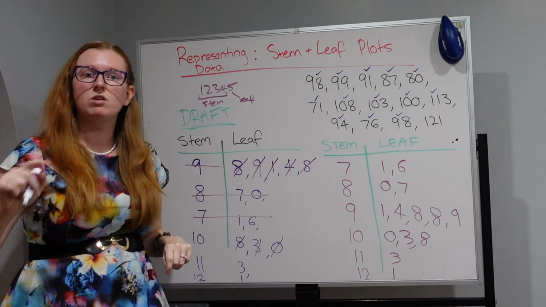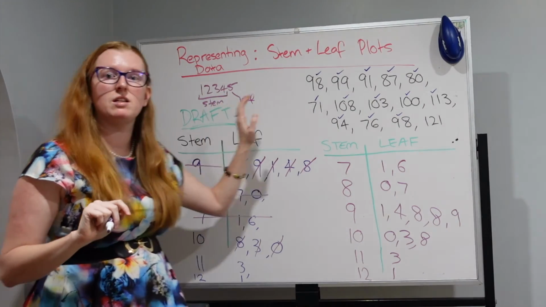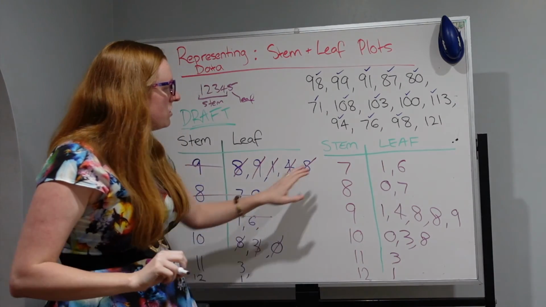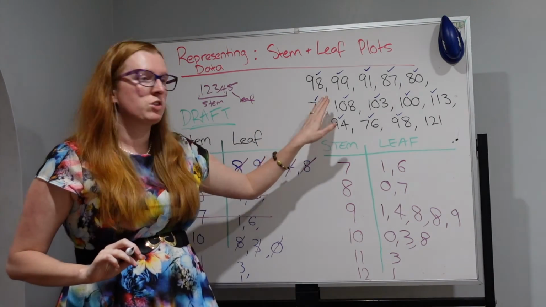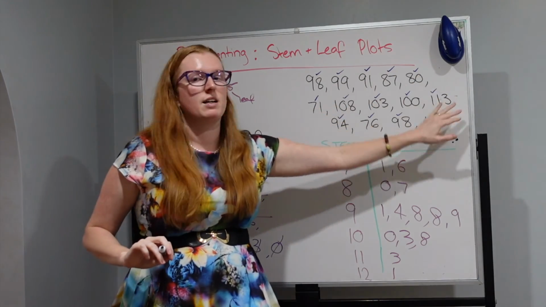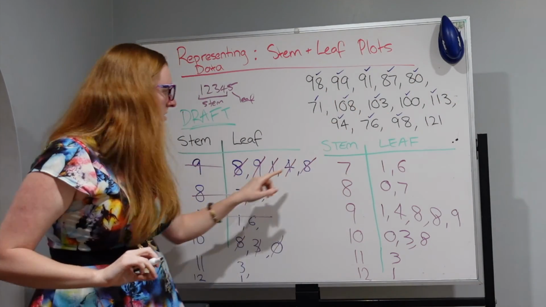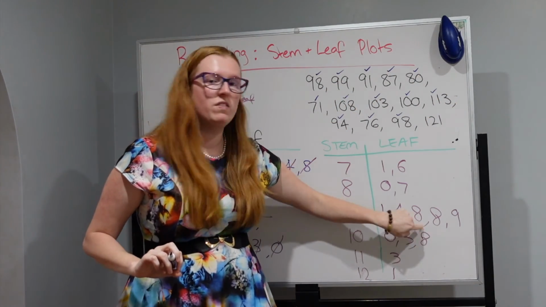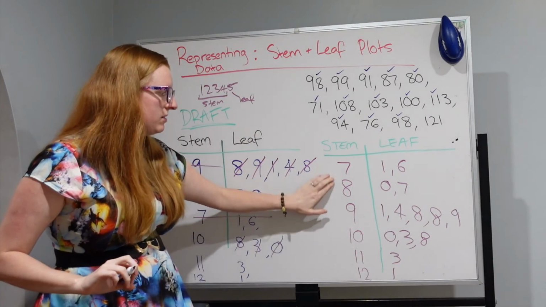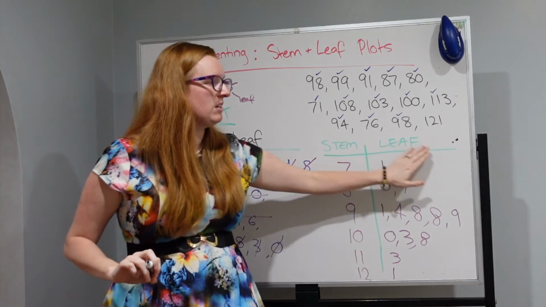So super important that you remember that it's only ever your last digit that is your leaf. Okay, so we also need to make sure that we put all of our data in, that we don't ever miss them. So if we have 2 8s, that's perfectly fine, but you don't want to have doubles in your stems, but having doubles in your leaves is fine.